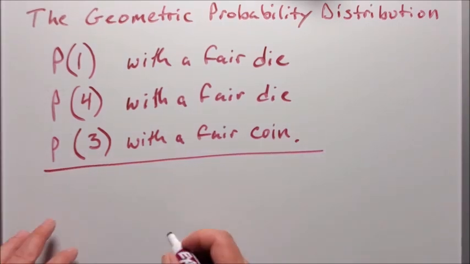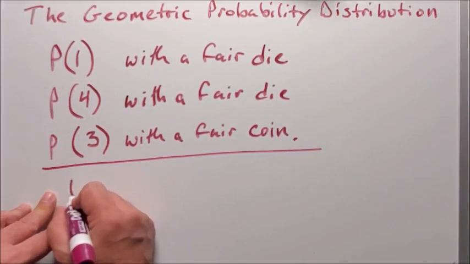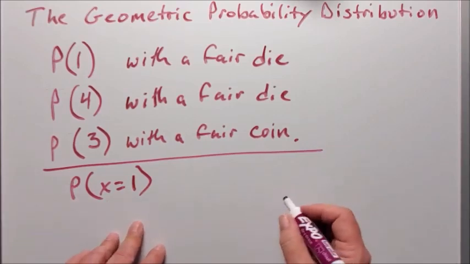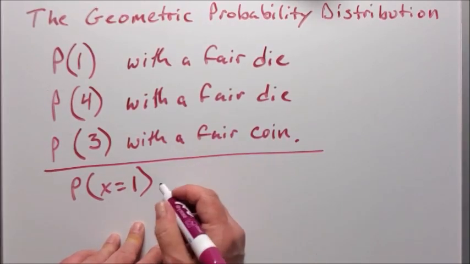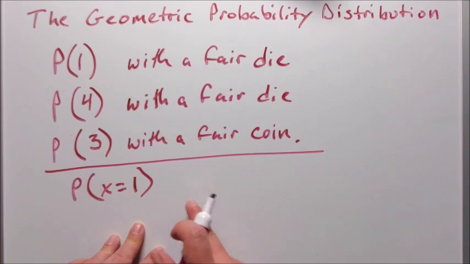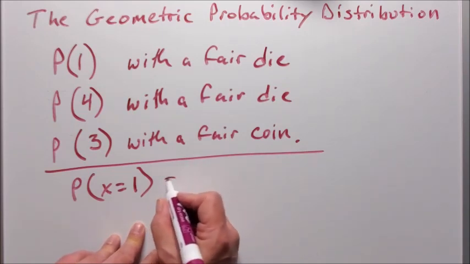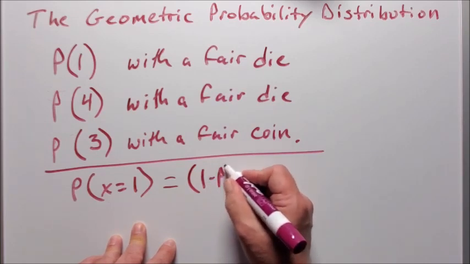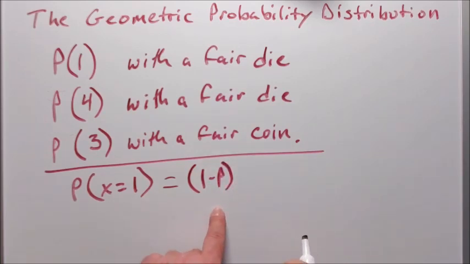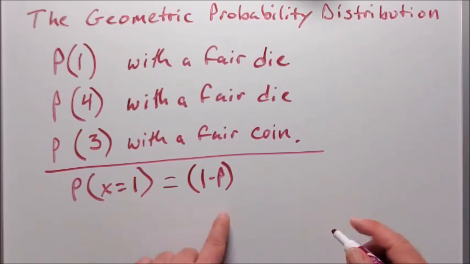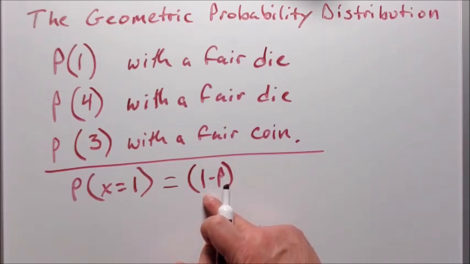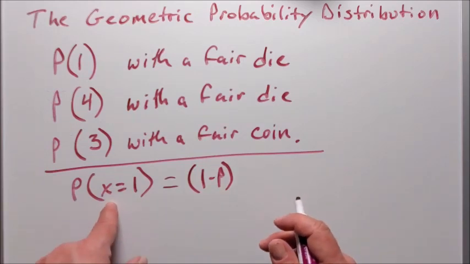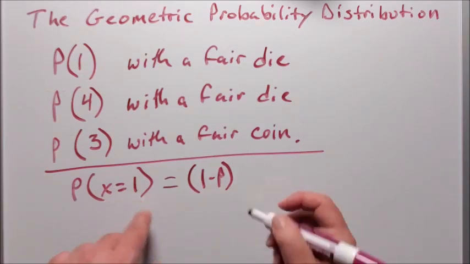Let's work them out one at a time. The probability that we should require 1 trial would be, now I'm going to do this kind of formally. You're going to think that I'm doing this using redundant steps, and maybe so, but I'm going to plug in the formula anyway and see that it gives us a good answer. If x equals 1, I'm going to take the probability of the complement of success, failure, to the power of x minus 1.